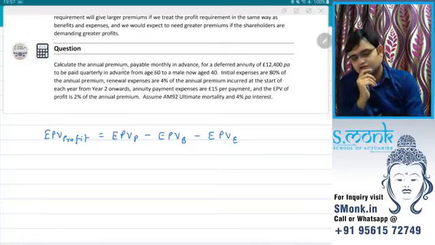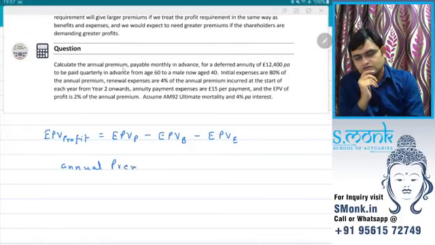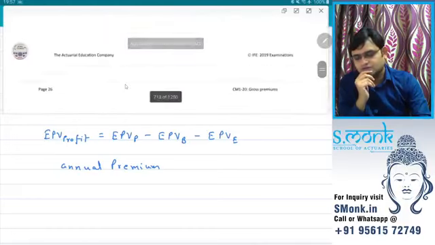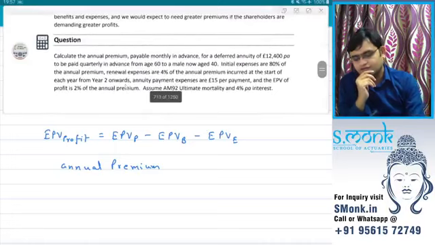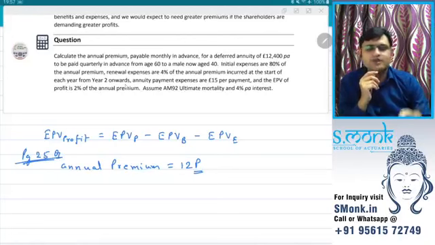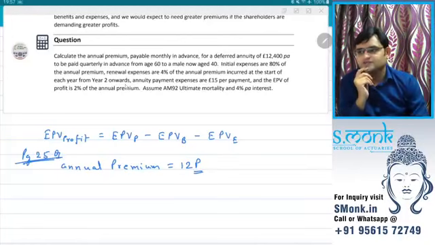So I will say annual premium. This is page 25, the page 25 question. So annual premium, I will write it as 12p. I will find p as the monthly premium and then the final answer must be 12p.